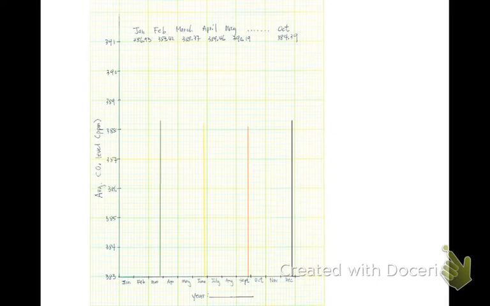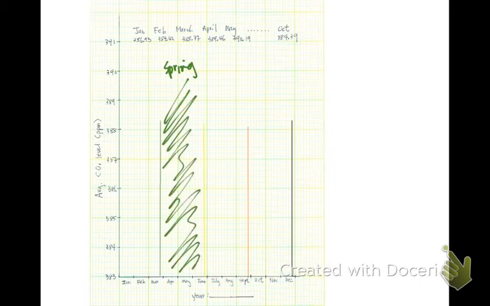So this is spring. Let me change the color. Color this section green neatly. The next section is summer. Color this section neatly in yellow. I know mine is not neat.